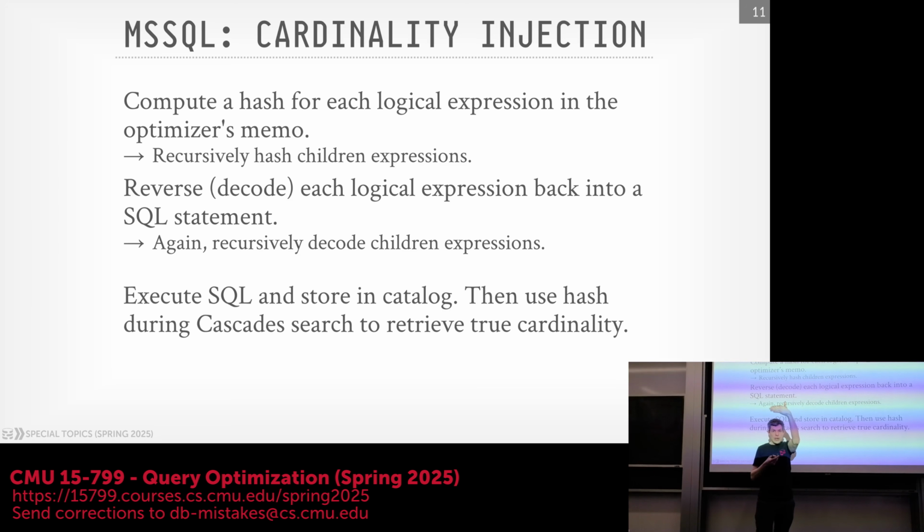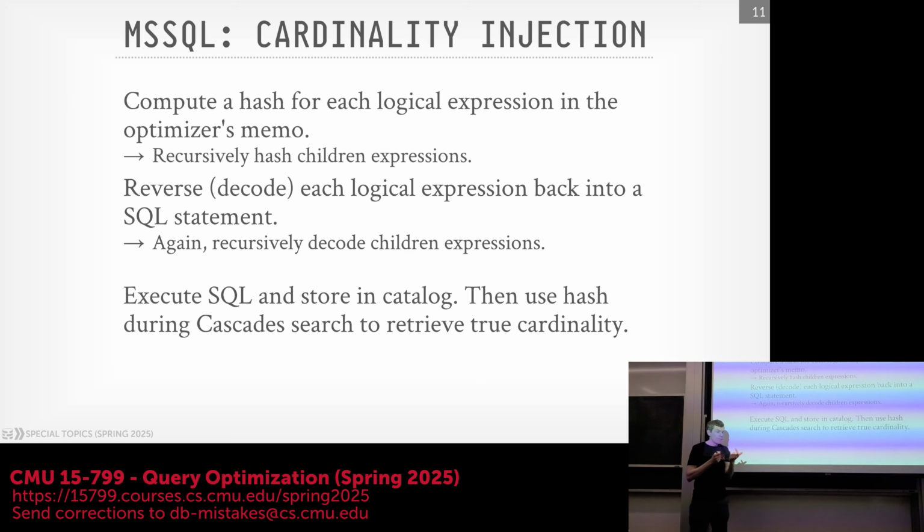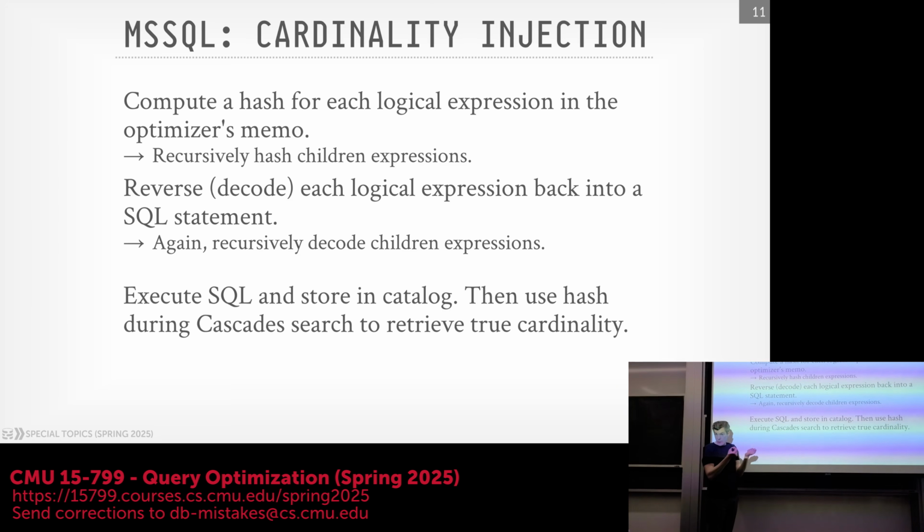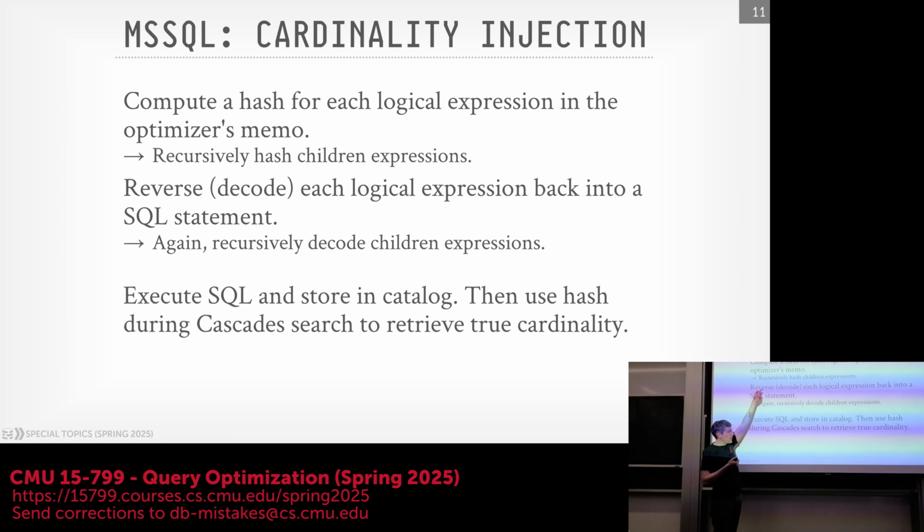So the root will just be the original query we were given, but the children will be just select star from table foo and select star from table bar without doing the join. And then I can take all of the SQL queries I've generated, run them for real on the database system, and get the true cardinality measurements for those different operators. And then you store this in a catalog, basically a hash map, where you're using the hash you generated at the beginning.